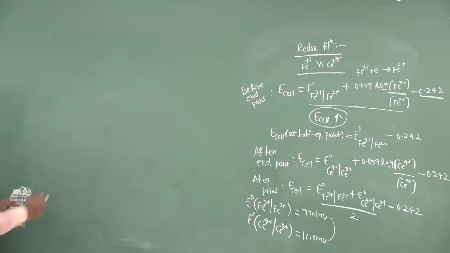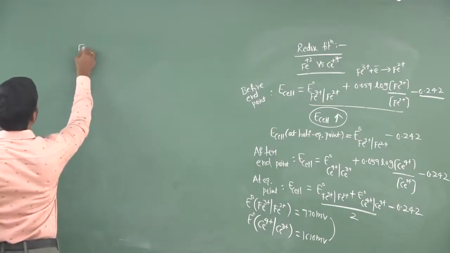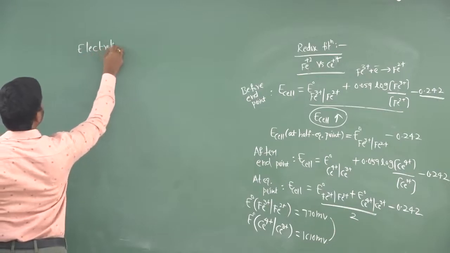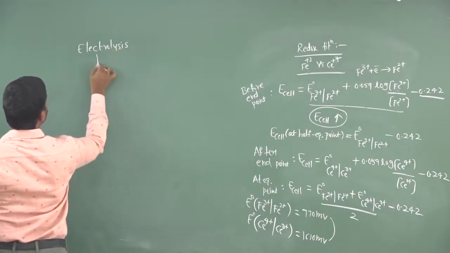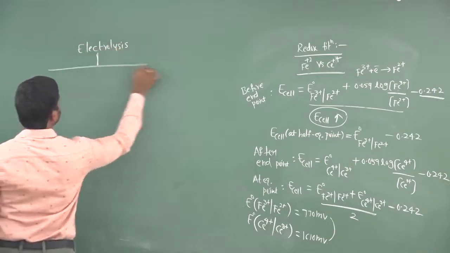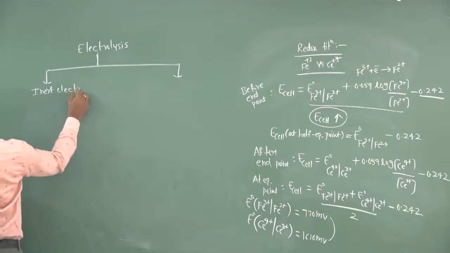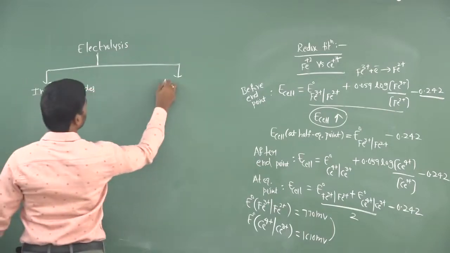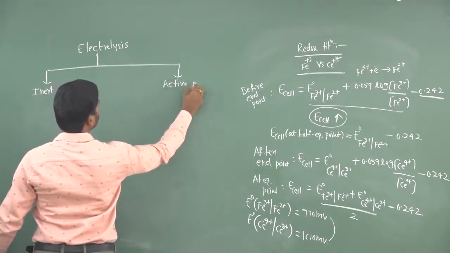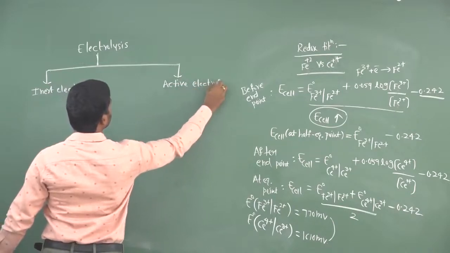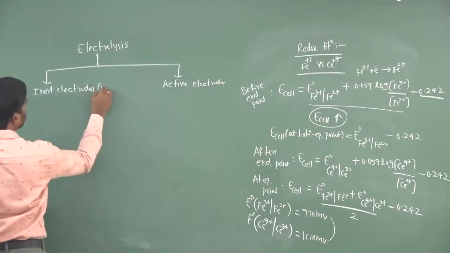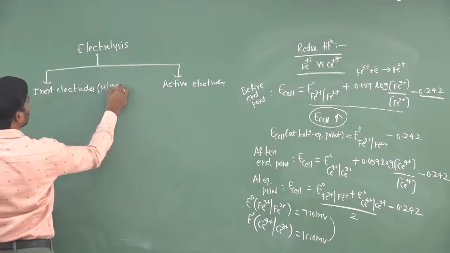Next, we have to see electrolysis. We discussed two cases: by using inert electrodes and by using active electrodes. Inert electrodes are platinum or graphite.